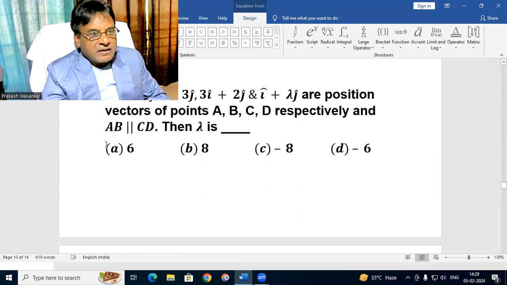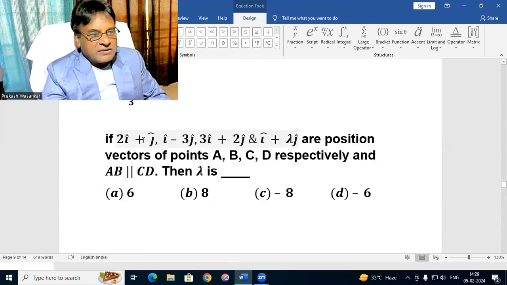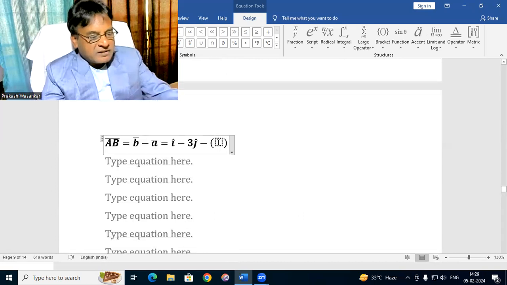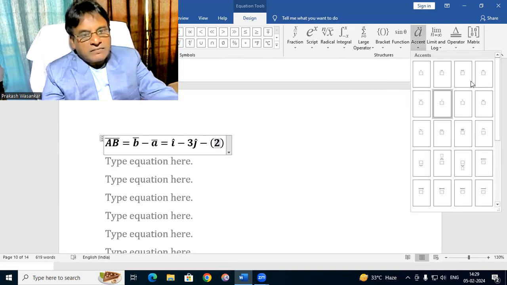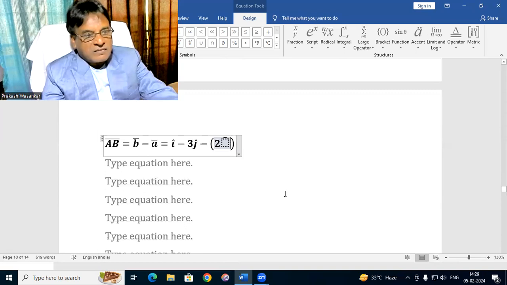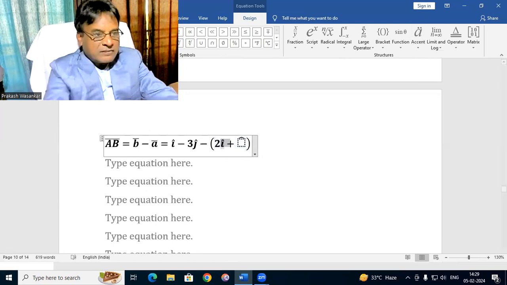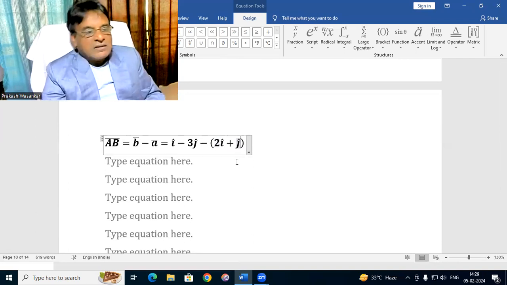A bar is 2i plus j. So we write 2i plus j. Next, AB bar is equal to B bar minus A bar.